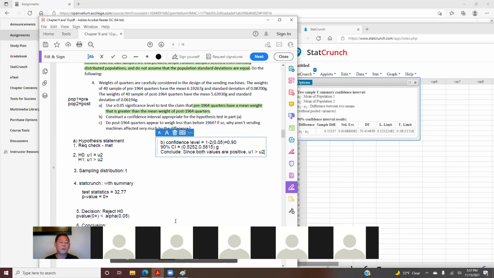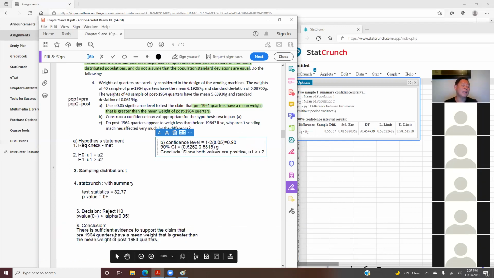Is that the same conclusion as what you made in the hypothesis statement? In this case, yes. So remember, when you say this, you're supporting the claim, and the claim says that mu1, the pre, is heavier than post.